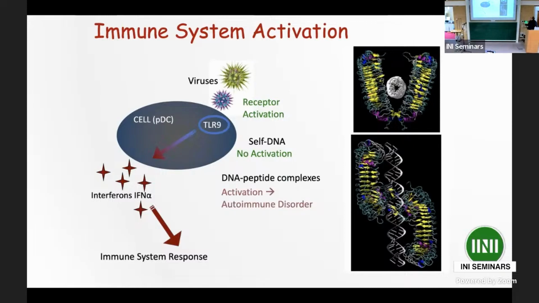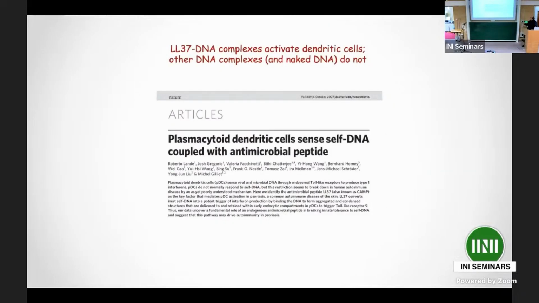But what was discovered is that self-DNA with certain antimicrobial peptides can make complexes that do cause this activation and trigger an immune response, and that is basically autoimmune disease. So we think we are attacked, but it's basically the complex of self-DNA coupled with antimicrobial peptides that is detected as an intruder, and then we have this reaction.